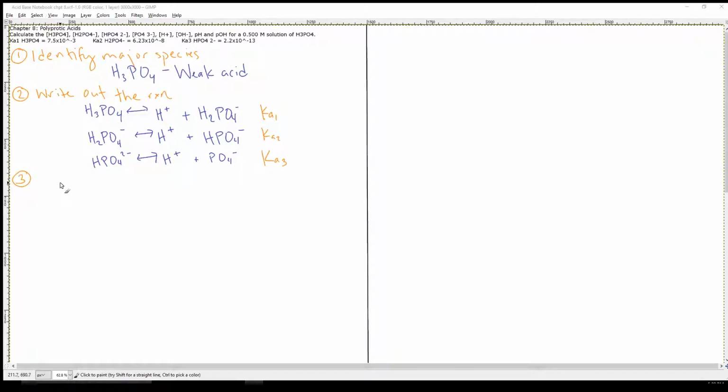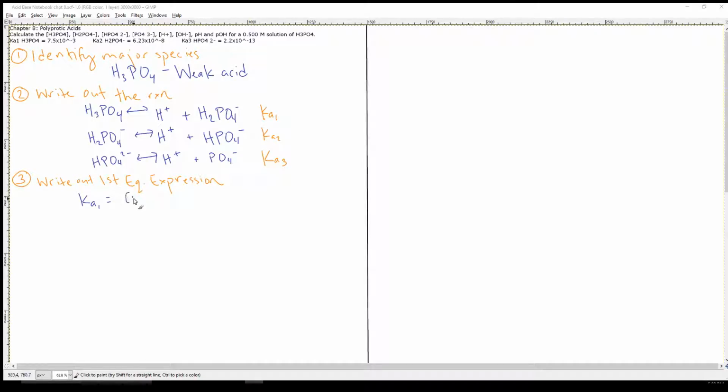So step 1, I need to write out my first equilibrium expression. So this is Ka1, which is equal to, so I need my products over my reactant.